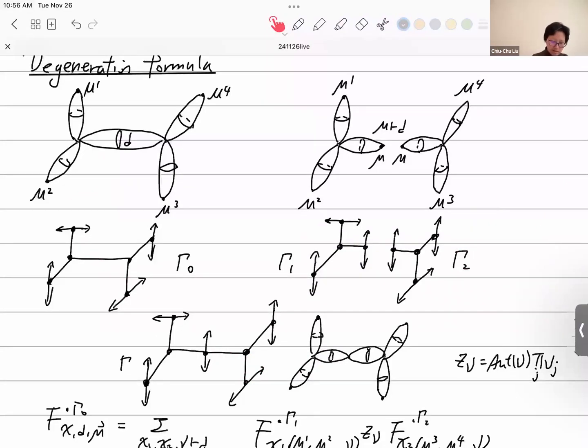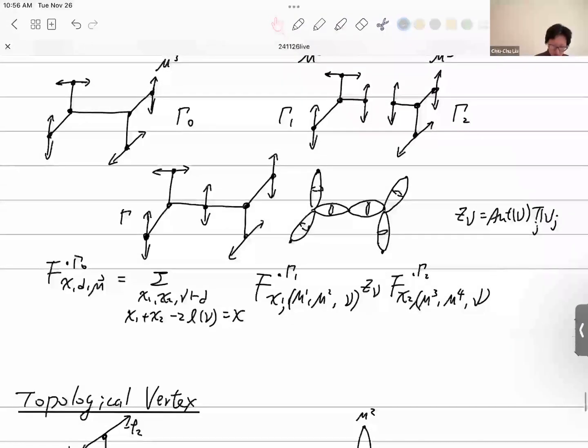As you can see, even if you have a curve with connected domain, after you do this, you might get a disconnected domain on one side. So it's more convenient to just allow disconnected domains so that the gluing formula will be simpler. So this is exactly the gluing formula.